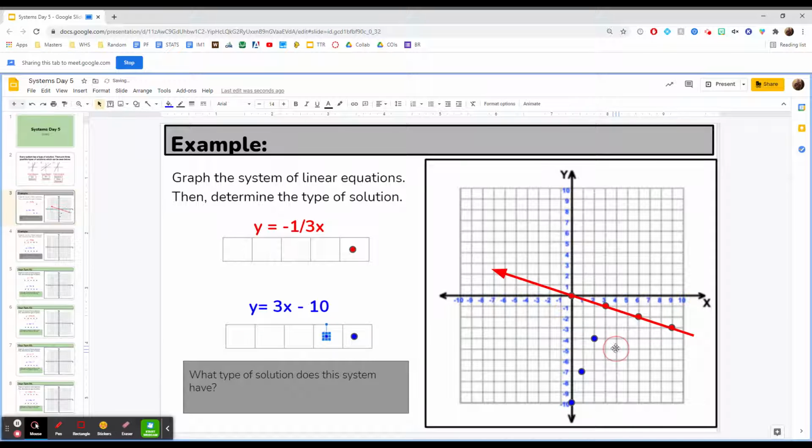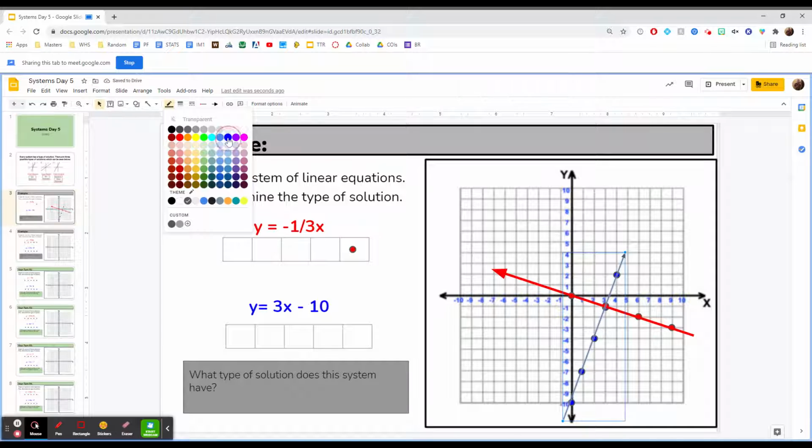One more time, up 3 over 1. And I can do it one more time, up 3 over 1. Okay, so I'm gonna do the line for line 2, making sure that it goes through all the points. Now I'm gonna change the color to blue so that it matches with everything else.